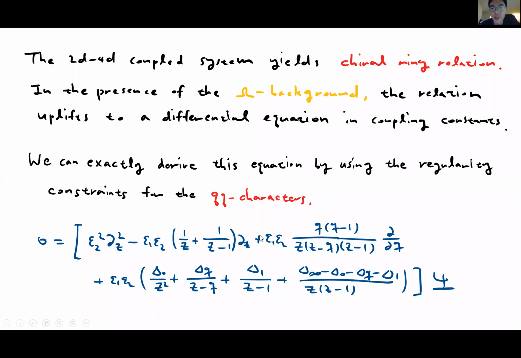I think this was first studied by Gaiotto in the surface defect and resolvent paper. But what we have here is the omega deformation. The theory is not on the flat C2. So this relation uplifts to certain differential equations in coupling constants.